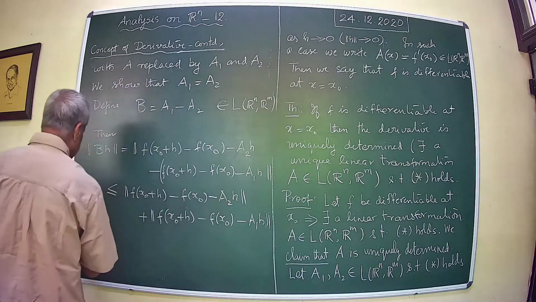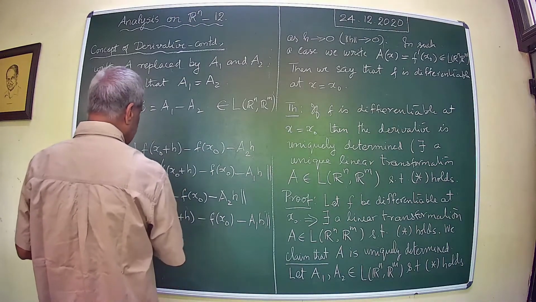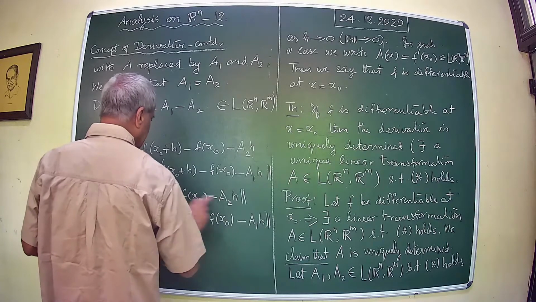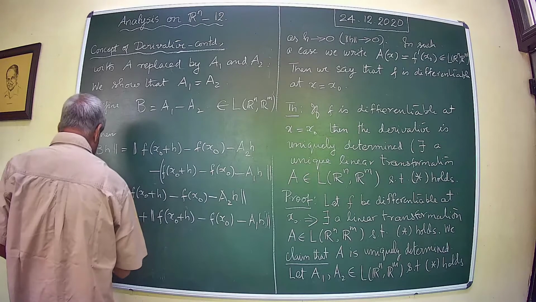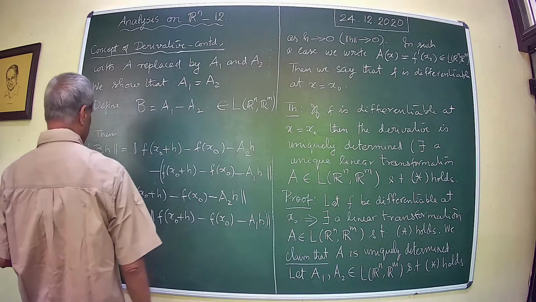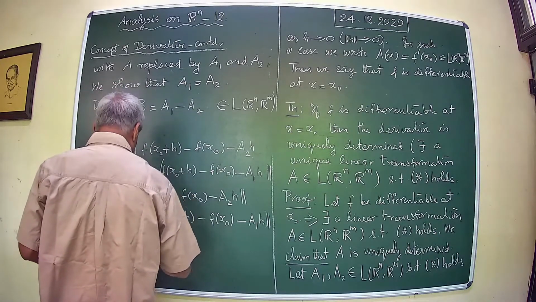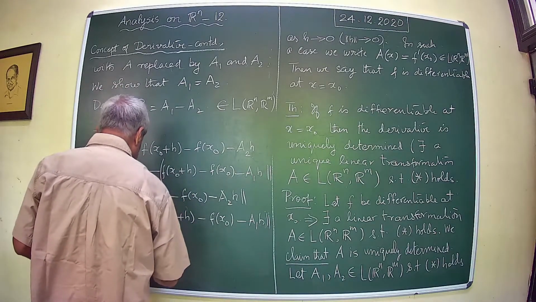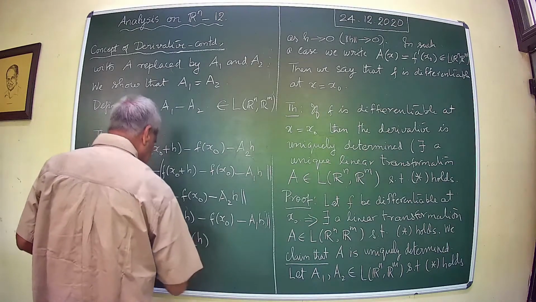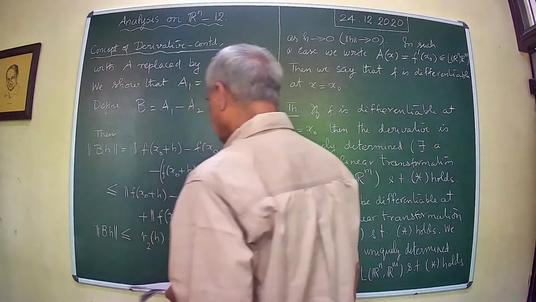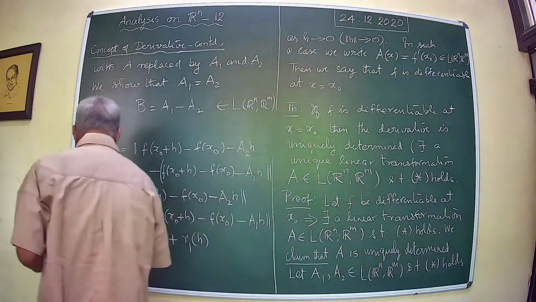Which implies, this is R1(h) or this is R2(h) minus R1(h). That is, norm of B h is less than or equal to norm of R2(h) plus norm of R1(h), which goes to 0.